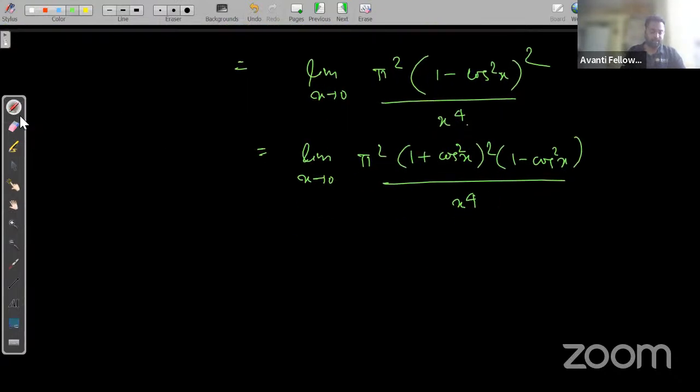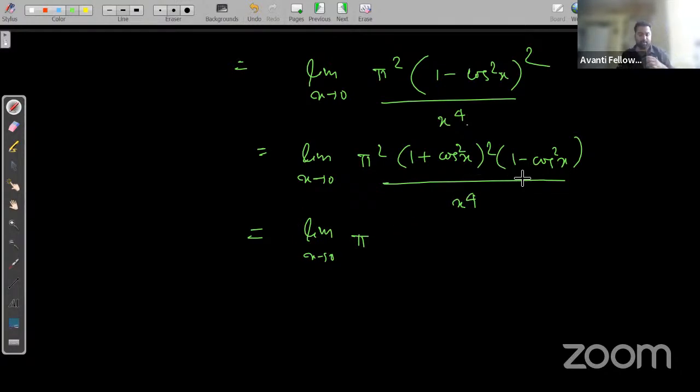Now we can see what is happening. This becomes, see, 1 minus cos square x, that is sine square x upon x to the power 2. It will be limit x tending to 0 pi square.